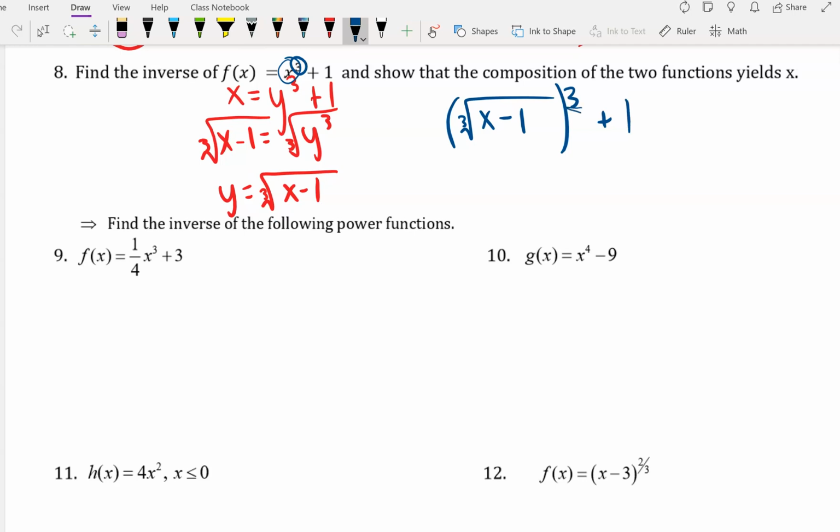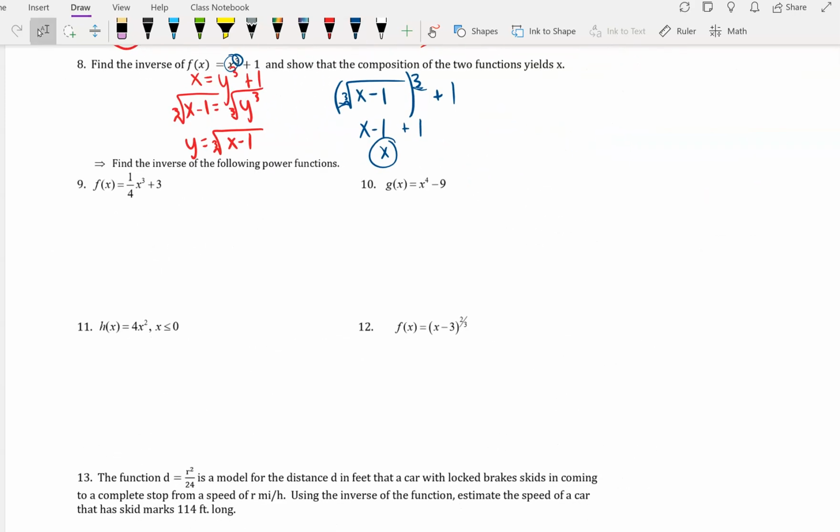Remember, cube and cube root cancel each other out, so I'm left with just x minus 1. And then I have the plus 1 on the end. The negative 1 and the positive 1 will cancel, and I'll get just x, which is awesome. That confirmed that what I got was in fact an inverse.